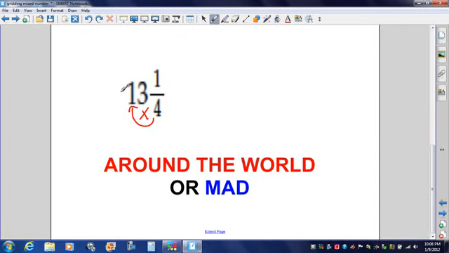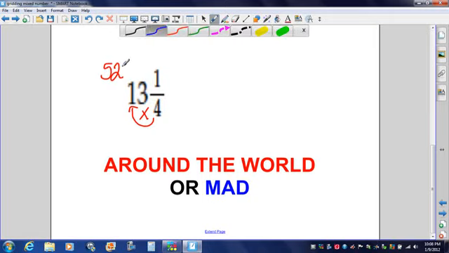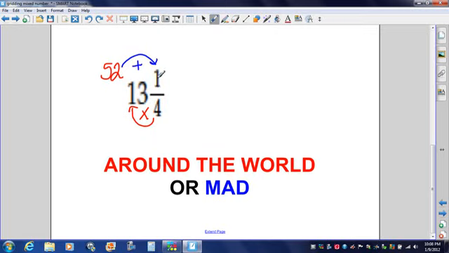If the coffee is still flowing, 4 times 13 is going to give me 52. Now I'm going to take that 52 and I'm going to add the numerator to it. So 52 plus 1 gives me 53.